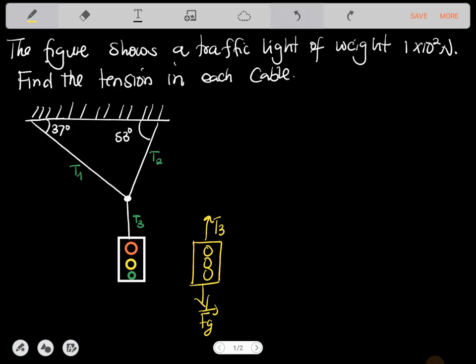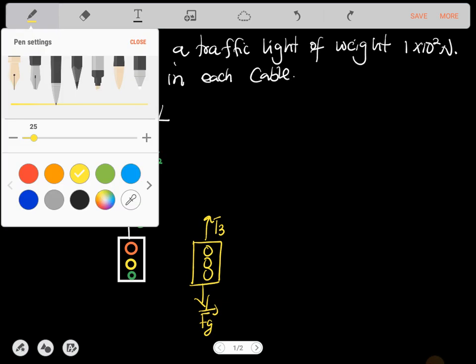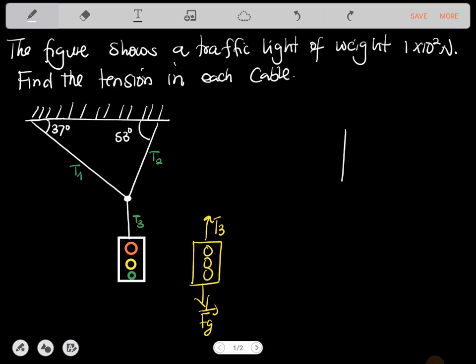So let me use white for this matter. I will draw the X or Y plane. So this is my X and that is my Y. At the same time, I'm just going to use another color.